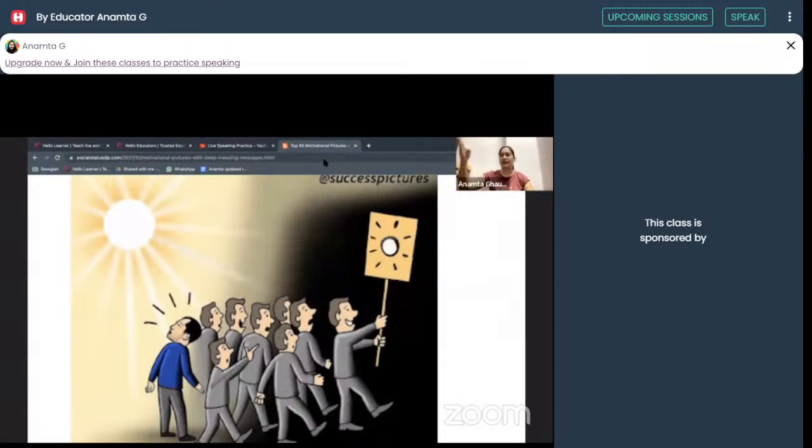Why is this person leading everybody in the wrong direction? And the people in the middle are simply following a person, or their leader, without thinking whether he is going in the right or the wrong direction. Right? I'm not going to describe more, I'm just describing this picture. Amit, please go ahead.